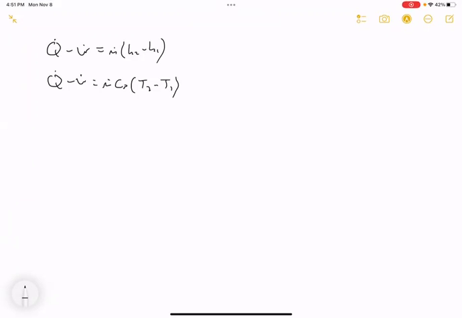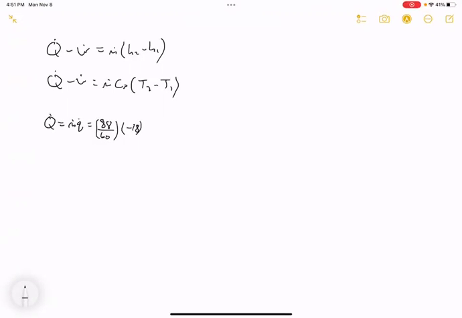So before we just throw in the number they give us, which is 18 kilojoules per kilogram, we'll have to multiply that by m dot. So Q dot is really equal to m dot times little q, which is the per unit mass version. So 88 kilograms per minute, which we're going to divide by 60 to get it in terms of per second, times q, which was minus 18.